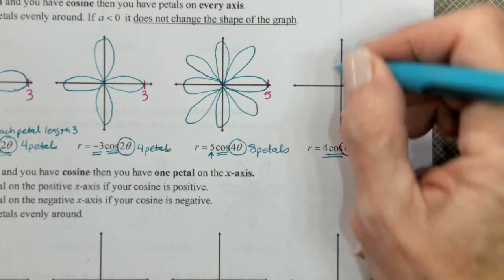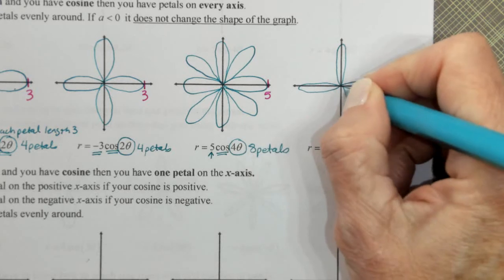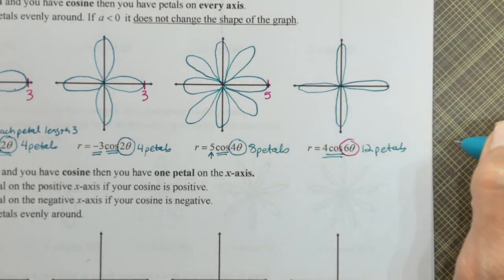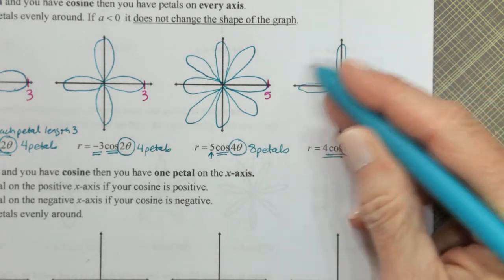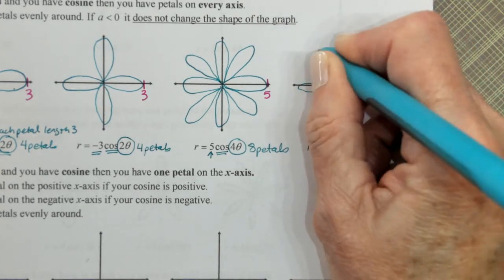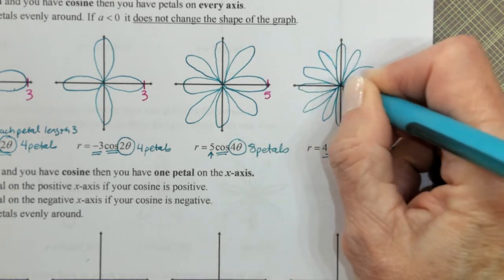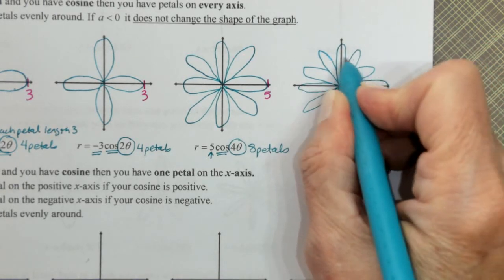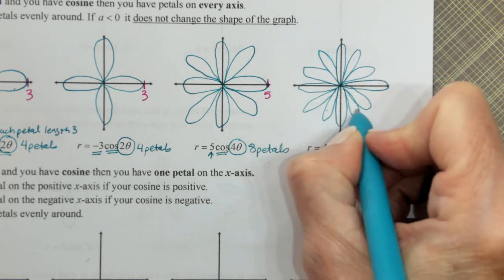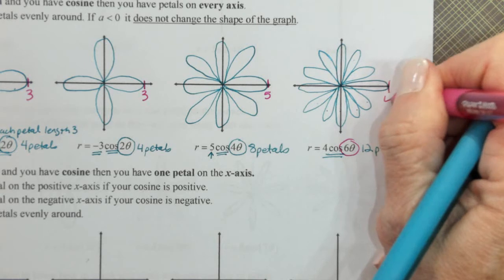Alrighty. So 12 petals. Let's see. How are we going to do this? There's going to be one on every axis. So that's 4. So I need to add 2 more inside each quadrant. So 1, 2, 1, 2, 1, 2, 1, 2. Is that 12? 1, 2, 3, 4, 5, 6, 7, 8, 9, 10, 11, 12. There's 12. And each petal has length 4.